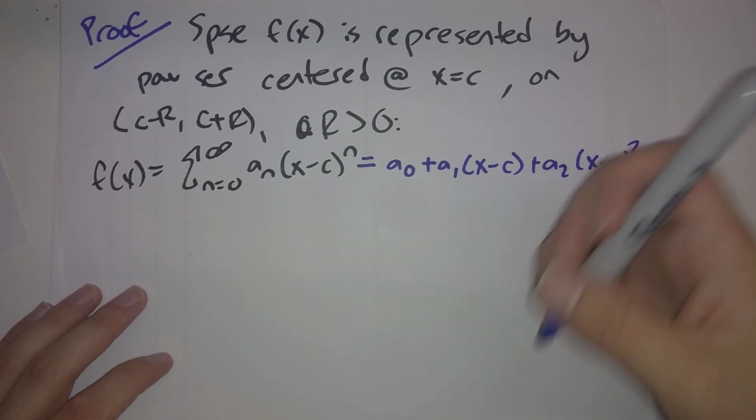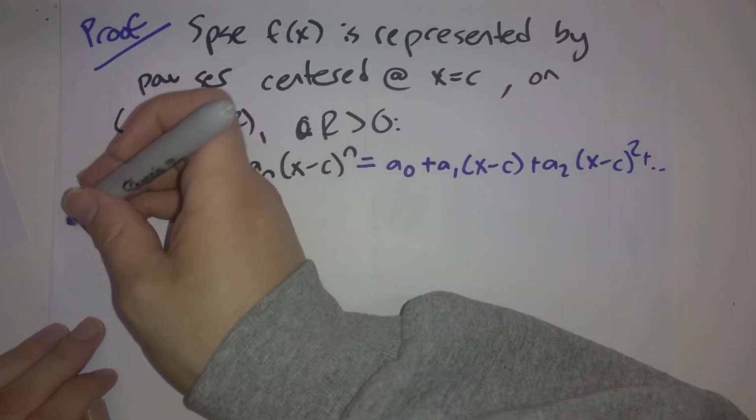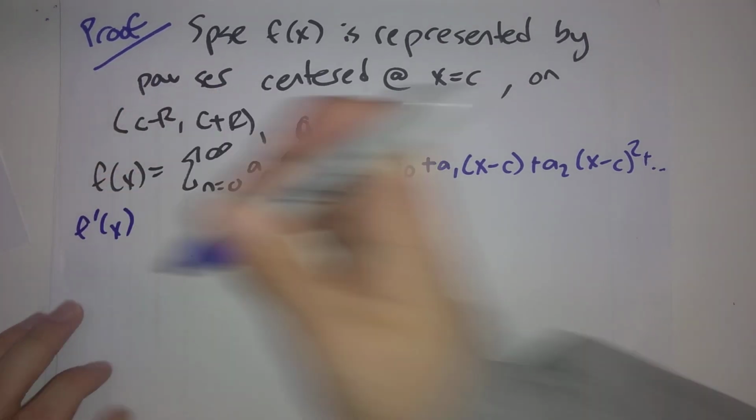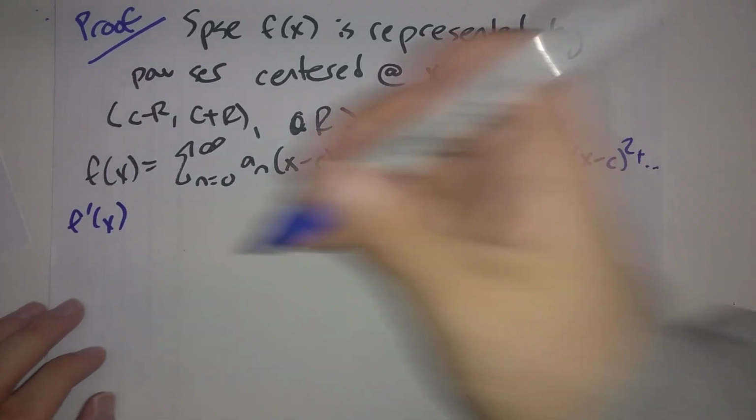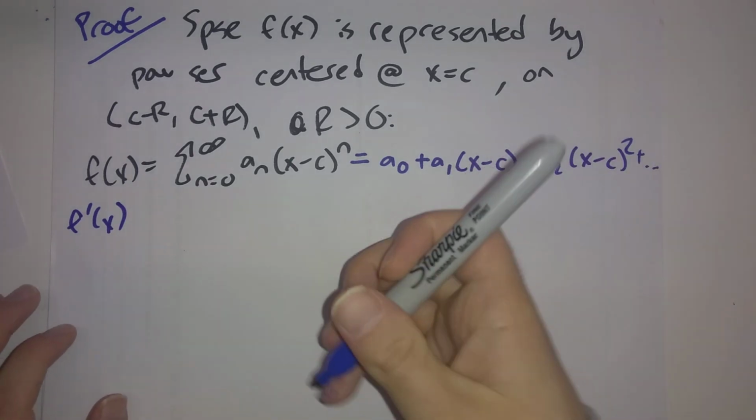Let's go ahead and compute derivatives of this. Remember back in our power series section, section 10.6, we said we're allowed to differentiate power series term by term. Let's do that.